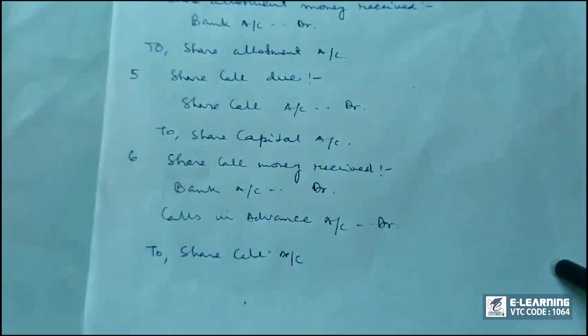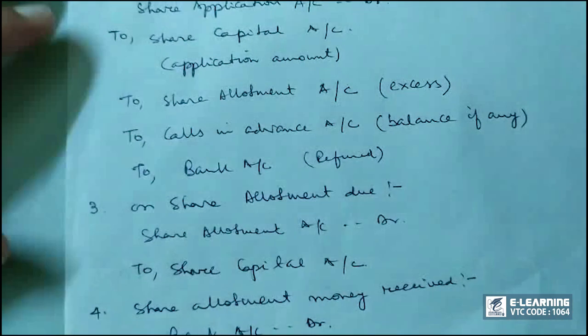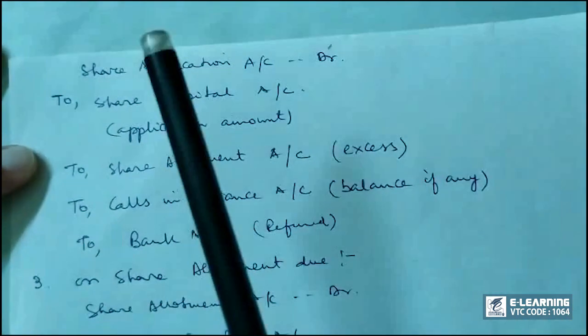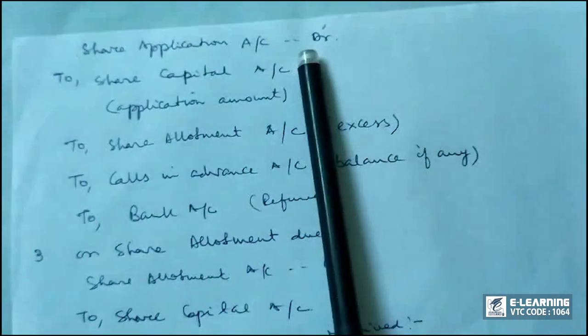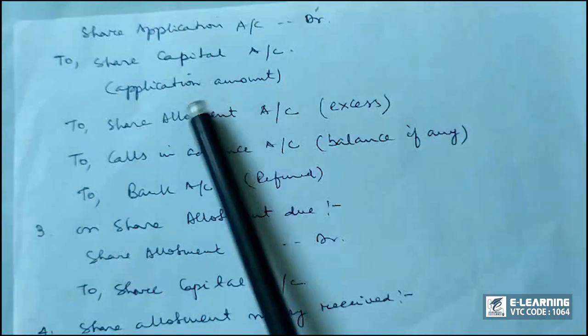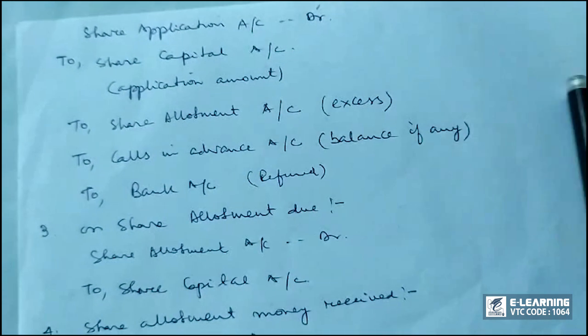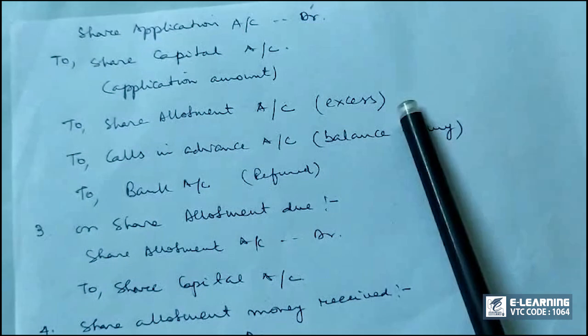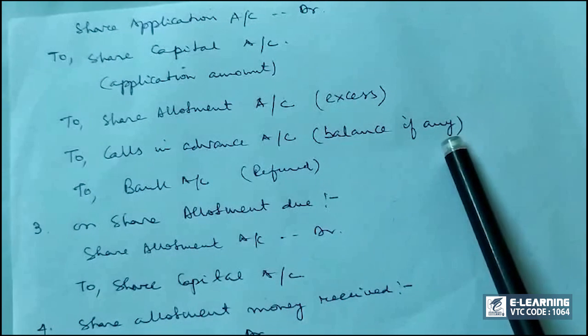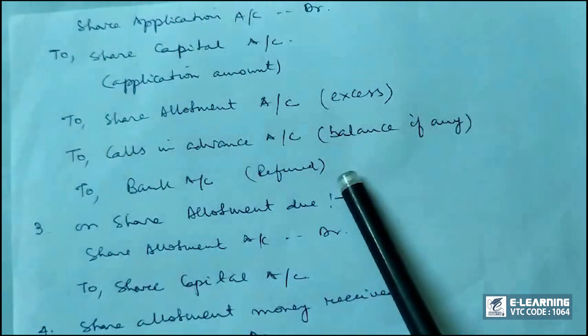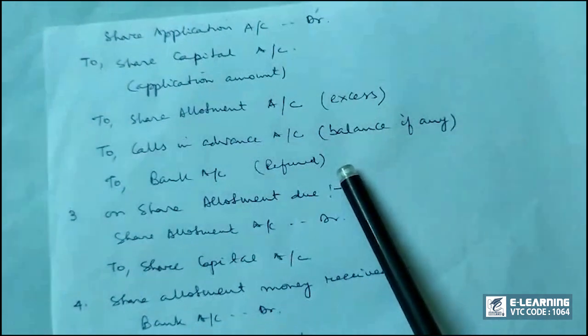This is where the principle of pro rata is applied. The entry is: share application account debit, to share capital account with the application amount, to share allotment account with the excess amount, to calls in advance account if any balance, to bank account with the refund.